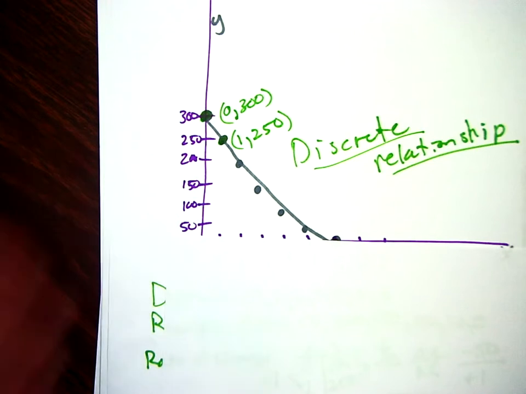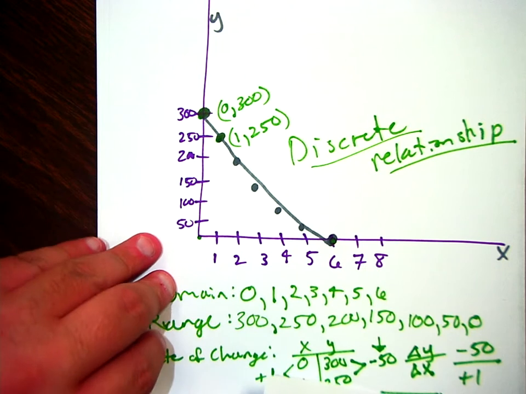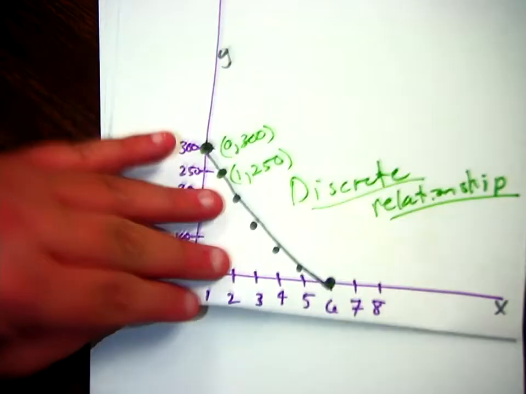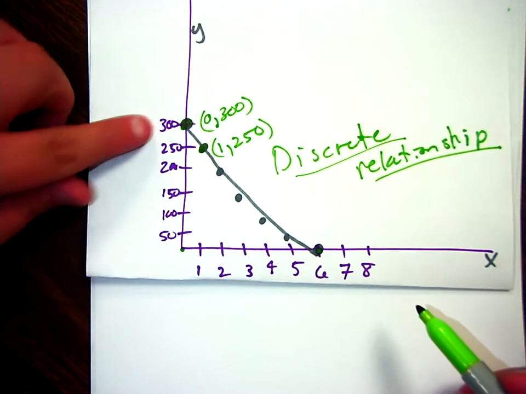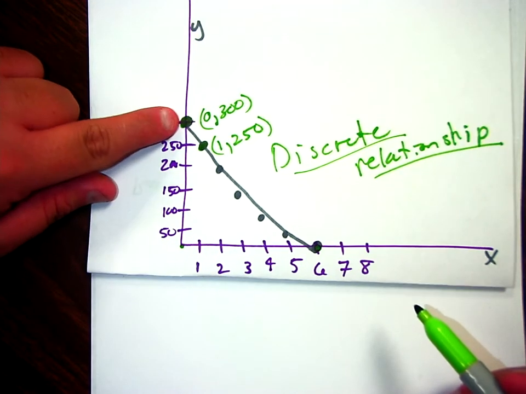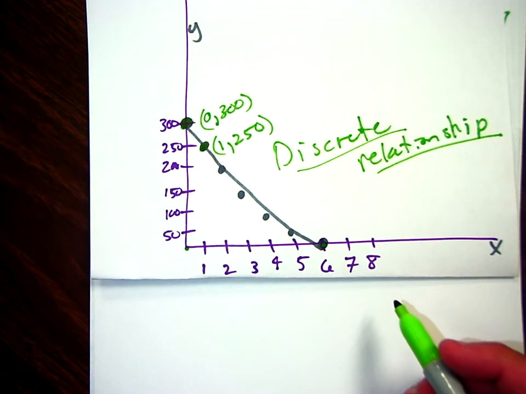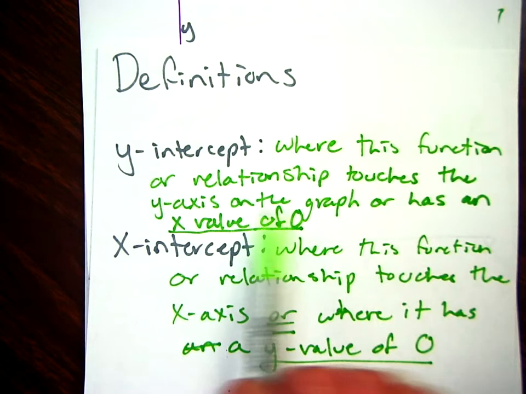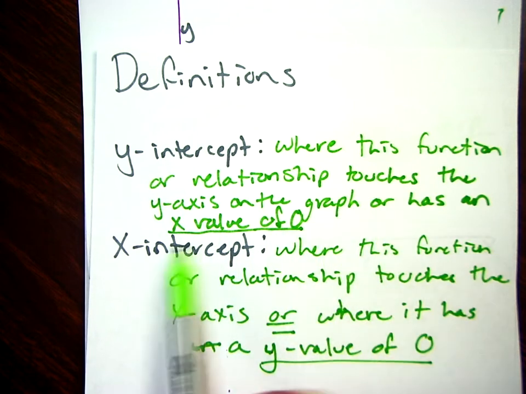Now let's look at the y-intercept. Looking at the y-intercept here, I'm going to fold this down so we can have some space to work. Looking at this situation, here's your y-intercept. That's on the y-axis. But remember the definition: it's where the function or relationship touches the y-axis on the graph, or has an x value of 0.